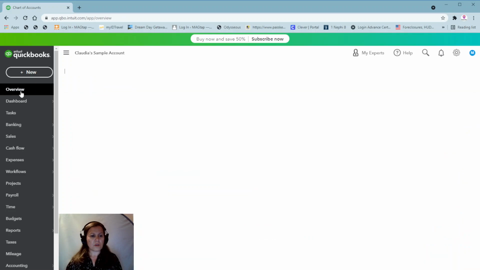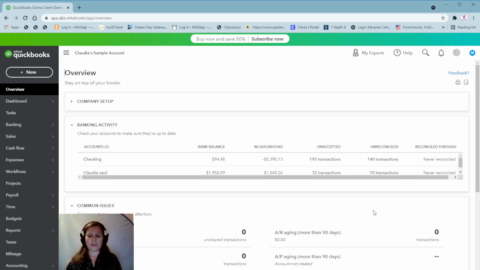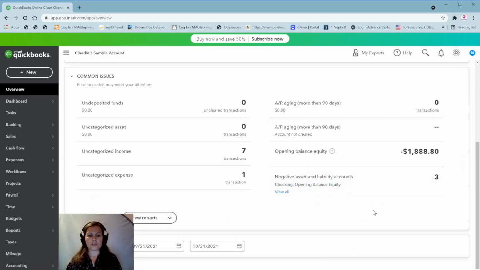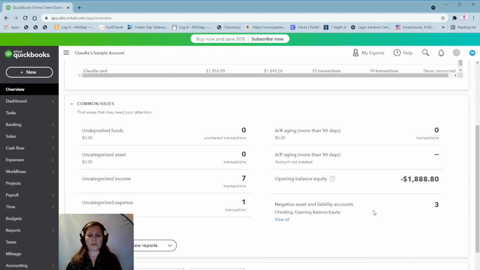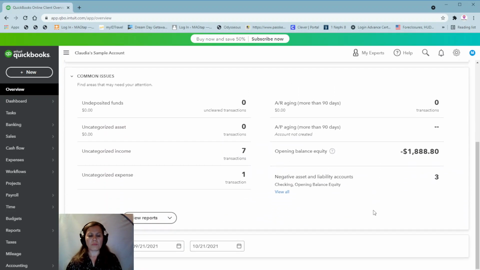But going back to the overview, okay, so those are the most important parts to take a look at. So common issues on the profit and loss, the main thing is going to be the uncategorized income, the uncategorized expense, and for here, that's it, those two.